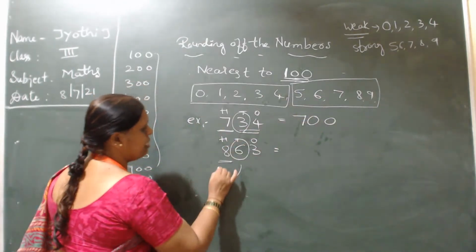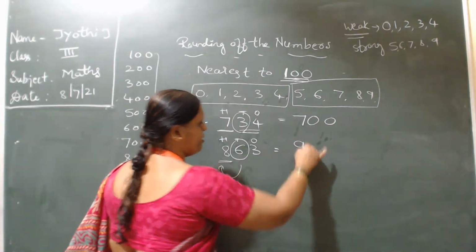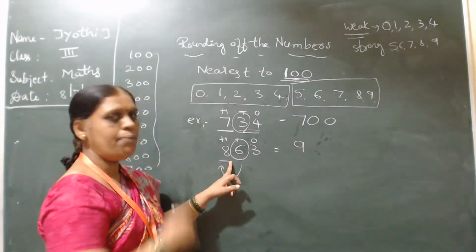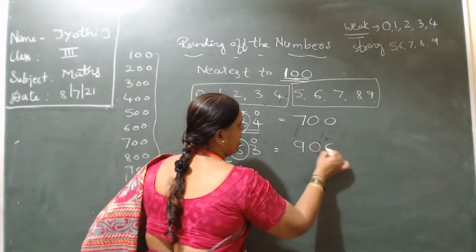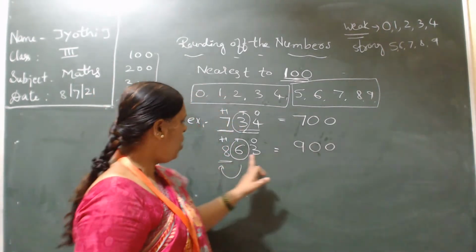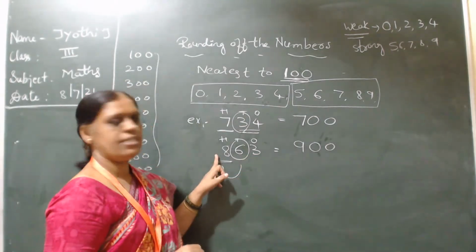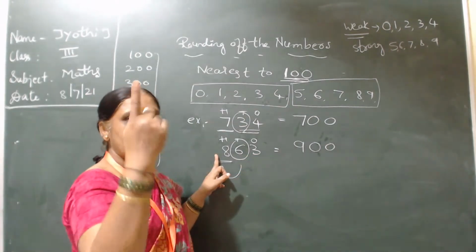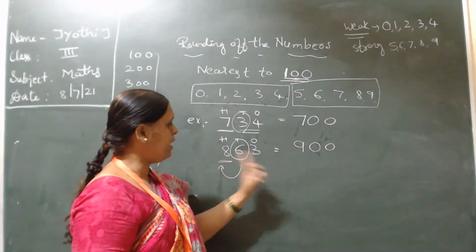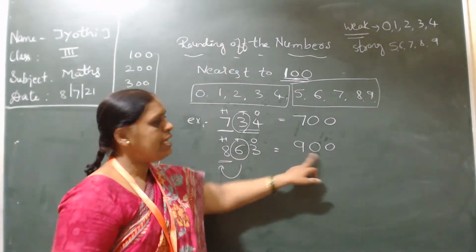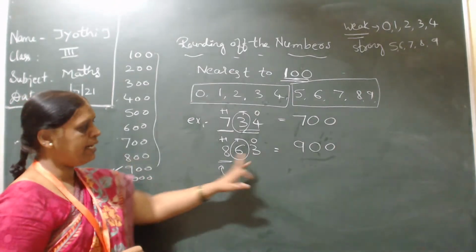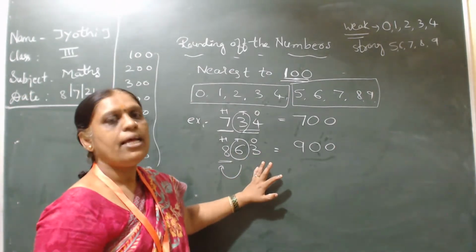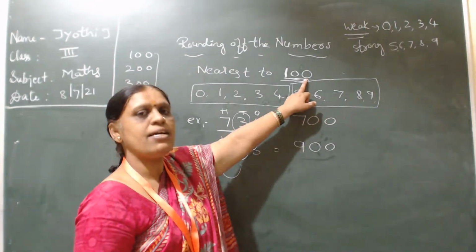It pushes this number to the next. 8 will become 9. So these two numbers will become zeros. So this number pushes this number one more, means 800 will jump to 900. So we got 900 in rounding the number to nearest 100.